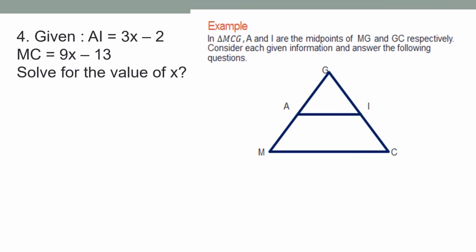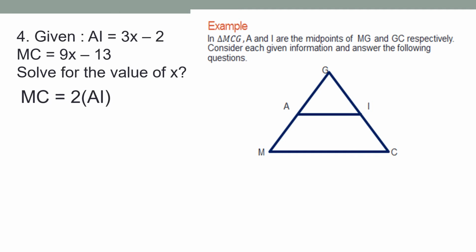Number 4, given AI is equal to 3x minus 2 and MC is equal to 9x minus 13. Solve for the value of x. Using the midline theorem, MC is equal to 2 times the value of AI.